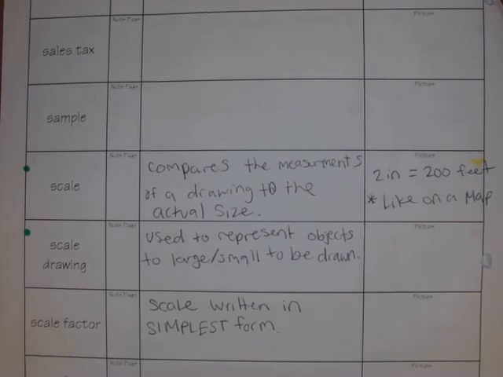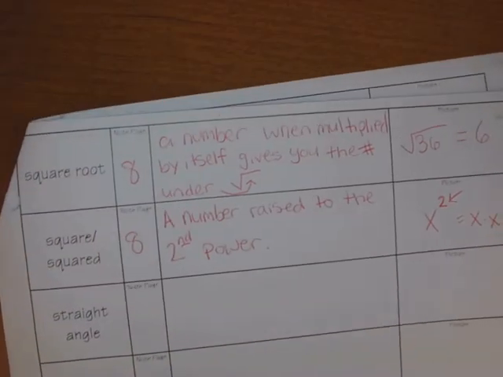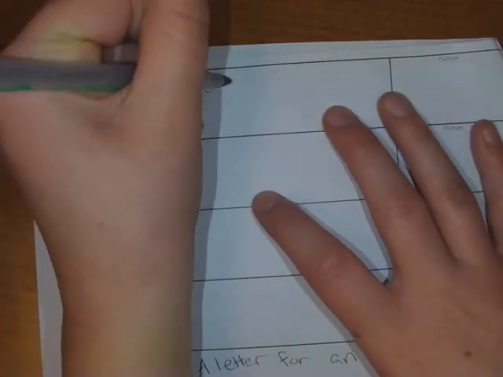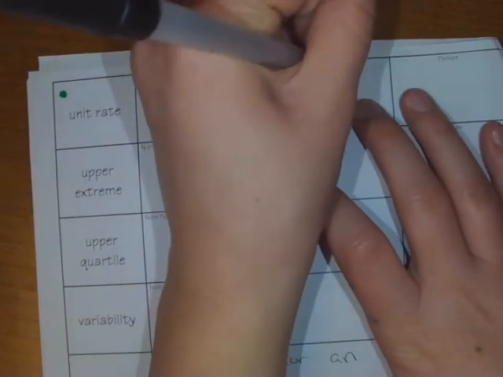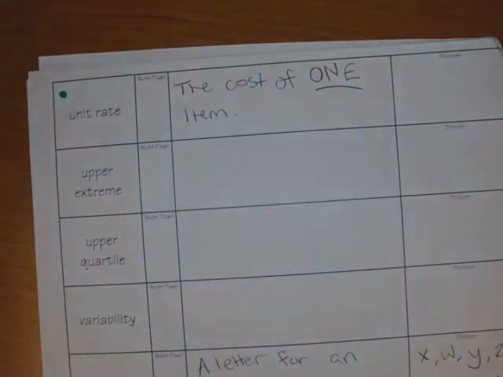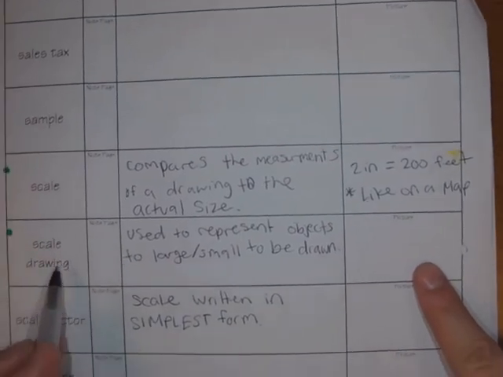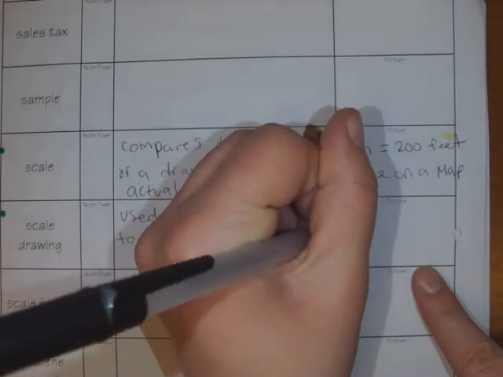And then we have one more word, and it's unit rate. And unit rate is the cost of one item, or the amount of one. Oh, sorry, I didn't do examples on your scales. Scale drawing, an example might be blueprints for a house.